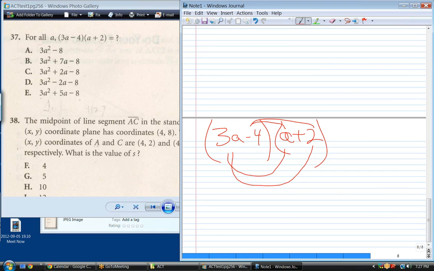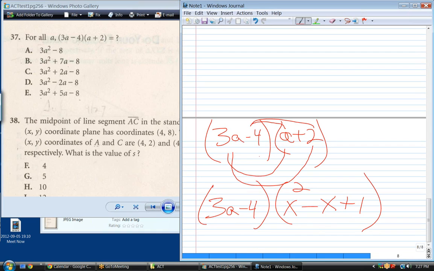So this method covers a problem like, what if I was going to multiply this by this? In other words, here I have a binomial times a trinomial. Well, if I use FOIL, it doesn't do me any good, right? FOIL doesn't cover this.